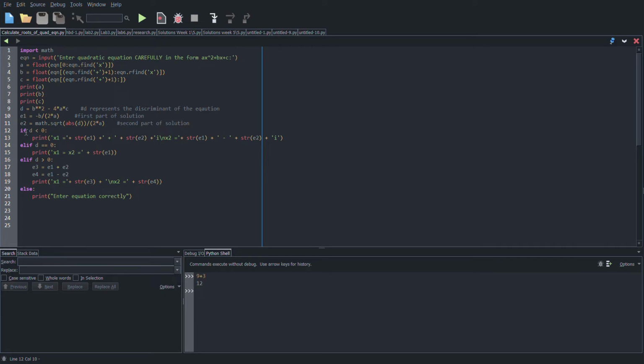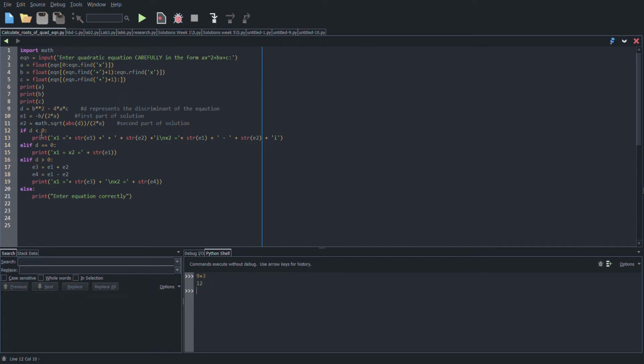And down here now I used if statements to split up the types of roots in the quadratic equation. So if d was less than 0, you remember from the calculus classes, then the roots are complex.